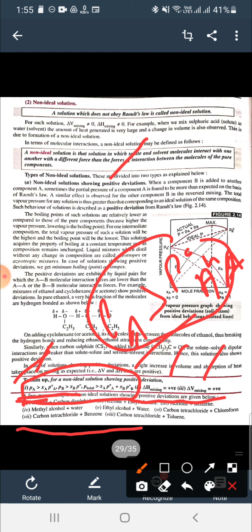Examples you can learn from here: ethyl alcohol plus water, etc. And the interaction between AB is always lower than the interaction between AA and BB. For ideal solutions the interaction between AB is similar to AA and BB, and for non-ideal solutions it is not equal.